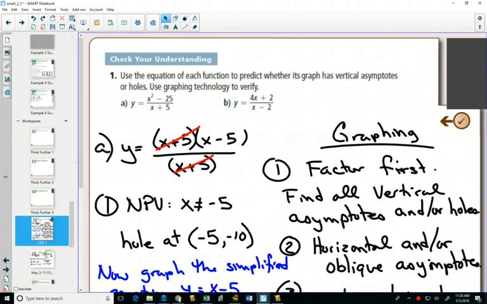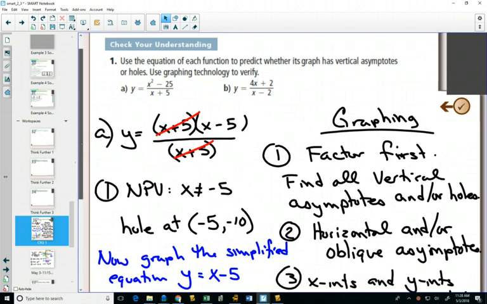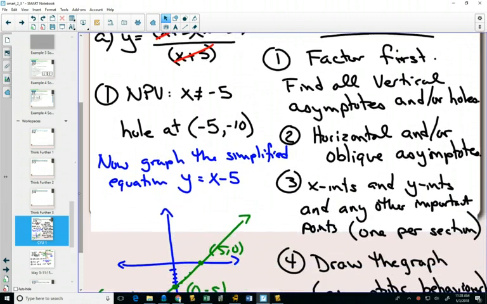And when something cancels out and makes a hole, and this is why I wrote this in blue, you now have to graph the simplified equation. The simplified equation is just a line. It's no longer a rational graph that we have to deal with. There's no oblique asymptotes. You just have to graph the line and add the hole.